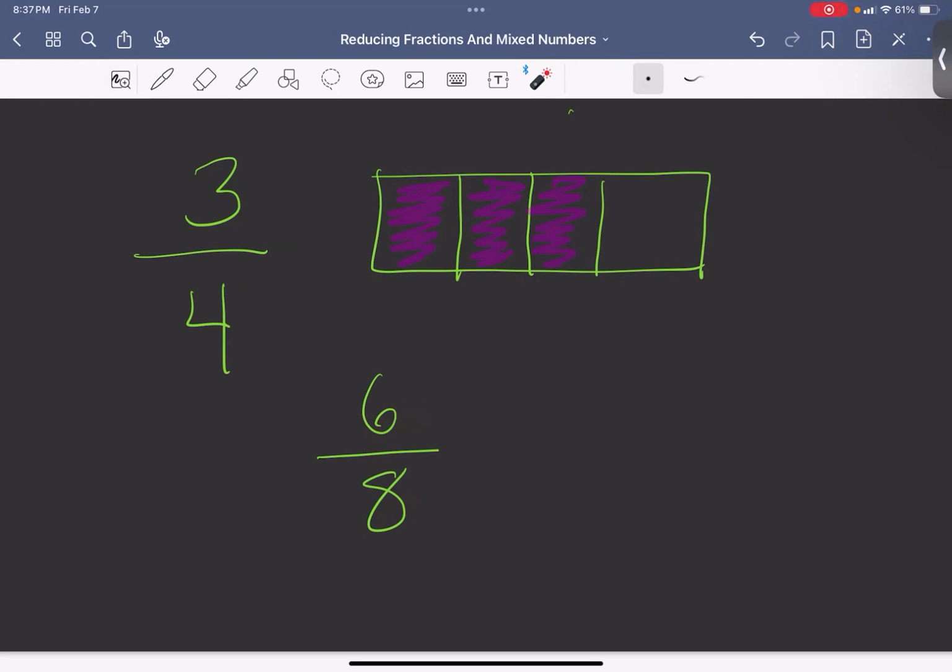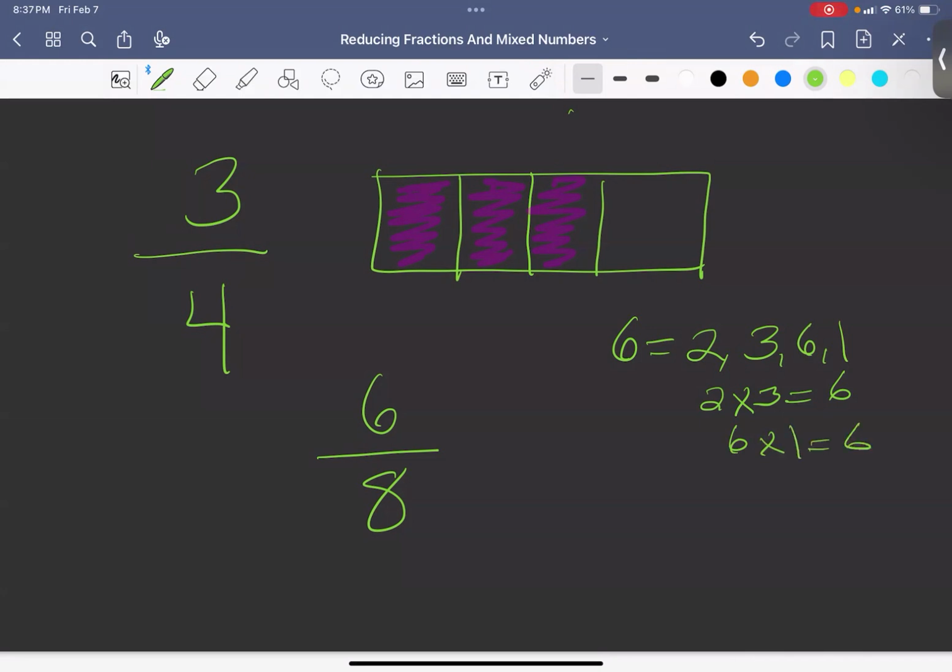A factor is any number that can go into a number. So, for example, the number 6: I can put the number 2 into 6 as well as the number 3 because 2 times 3 equals 6. I could also put 6 and the number 1 into 6 because 6 times 1 is equal to 6.